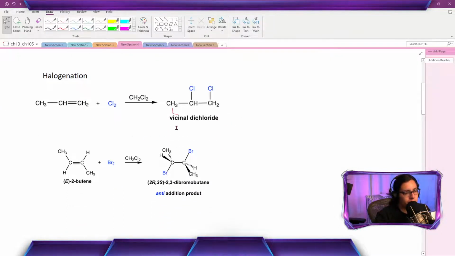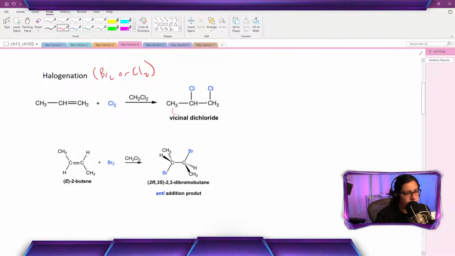And then halogenation, this most readily occurs with either bromine or chlorine. And we'll probably do this in lab when we get to it. So not this week is functional groups. But after that, we'll do some tests for alkenes.